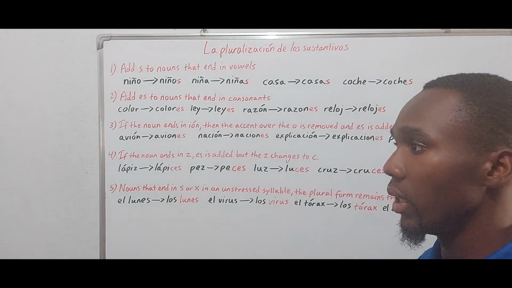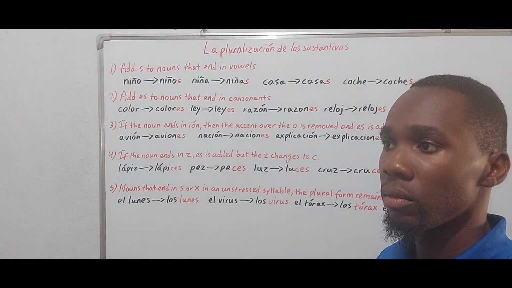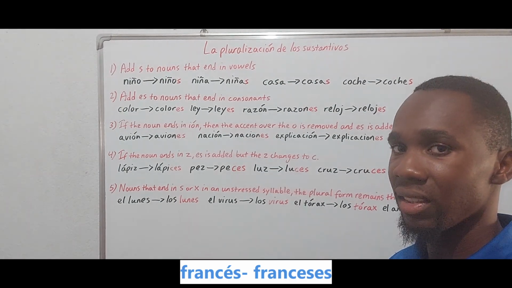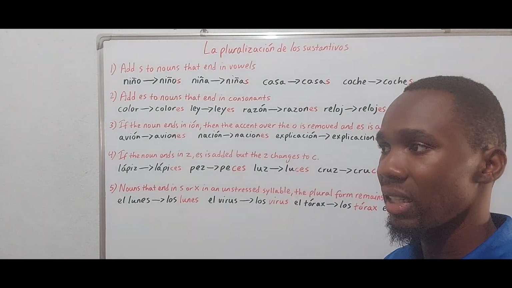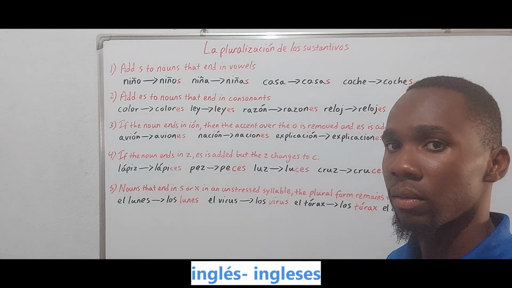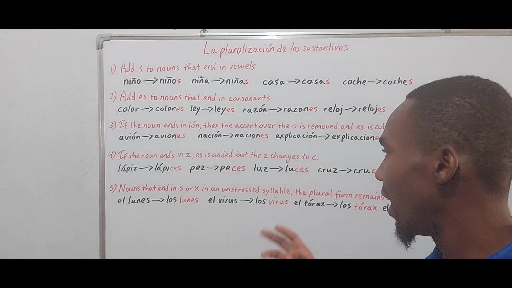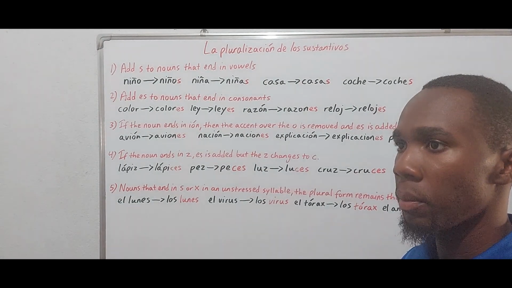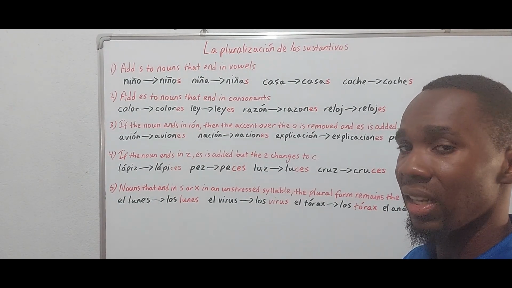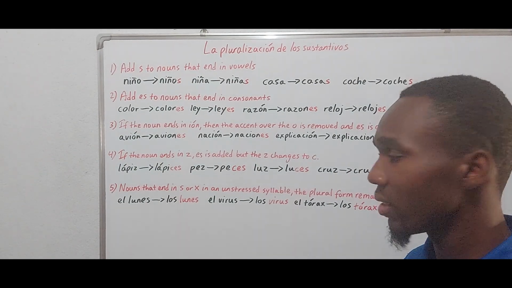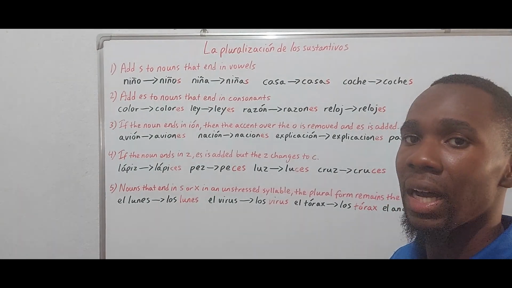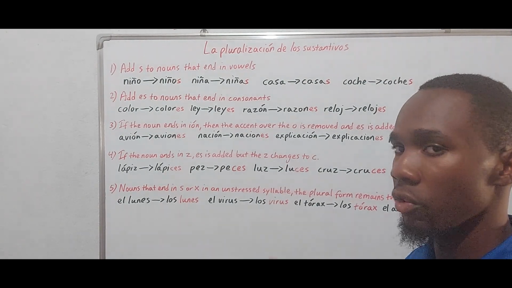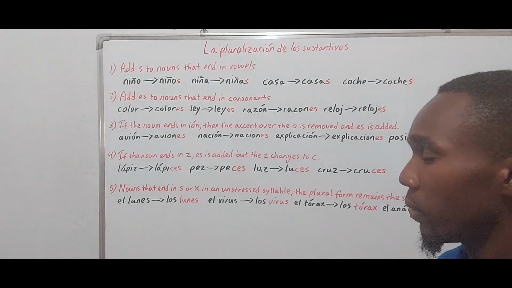Another example, we have francés becomes franceses, and inglés becomes ingleses. So if it ends in s or x and the last syllable is stressed, then we add es, right? And we remove the accent, of course.